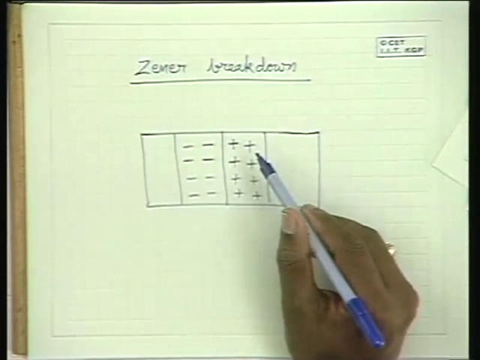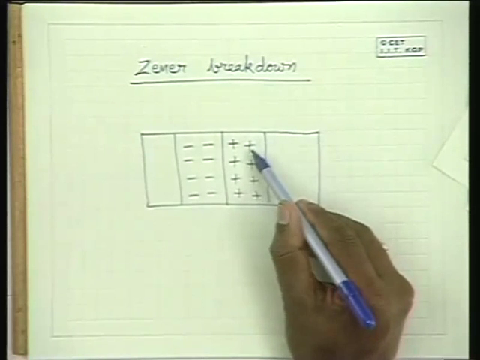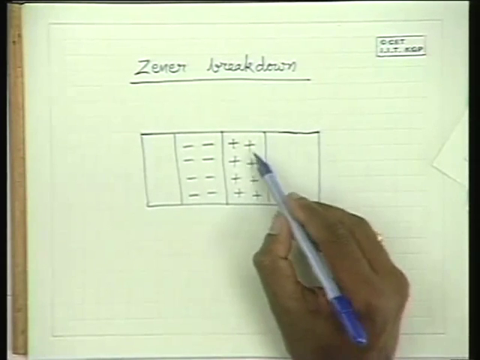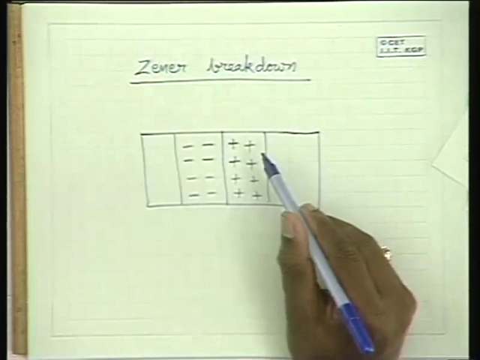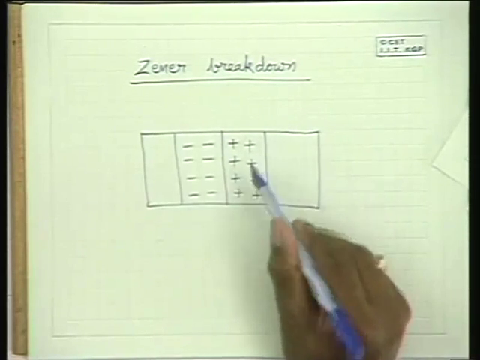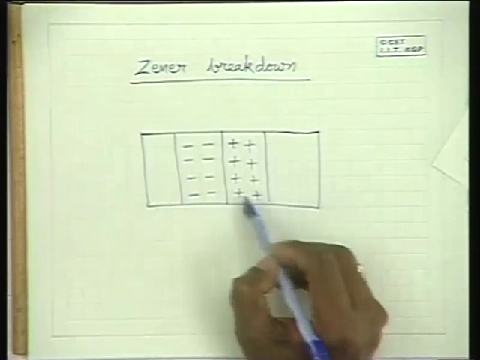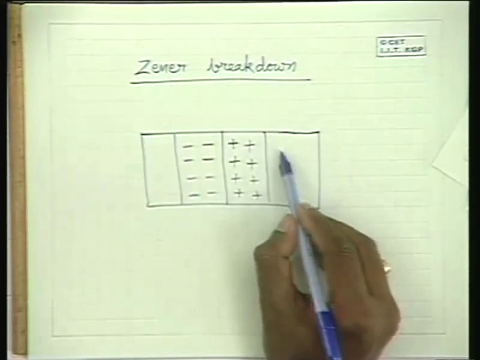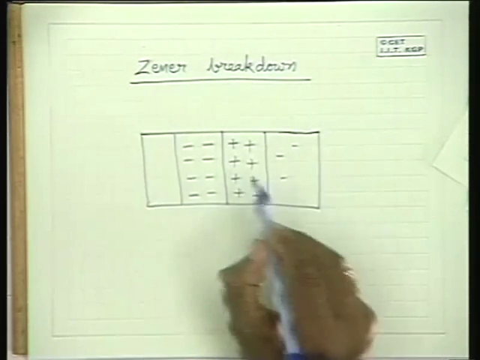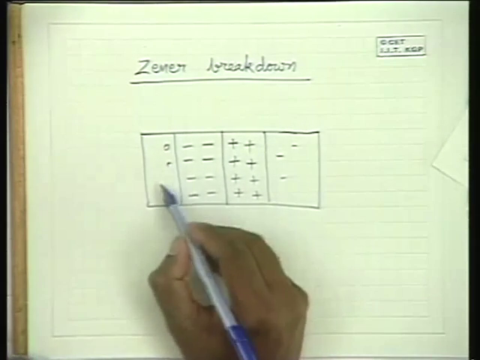If the doping concentration is very high, then you have a large number of electrons on this side and holes on this side.